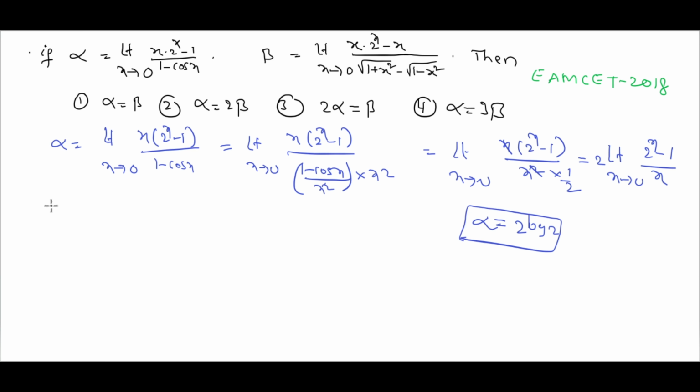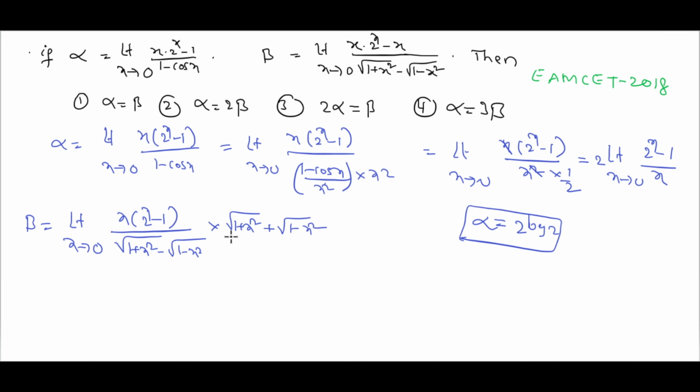Now we simplify beta. Beta is equal to limit x tends to 0. So take x common, that is (2 power x minus 1) by (square root of 1 plus x square minus square root of 1 minus x square). So take rationalization, that is (root of 1 plus x square minus root of 1 minus x square) by (root of 1 plus x square plus root of 1 minus x square).